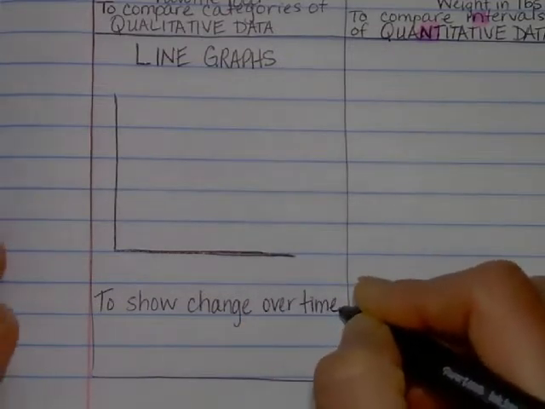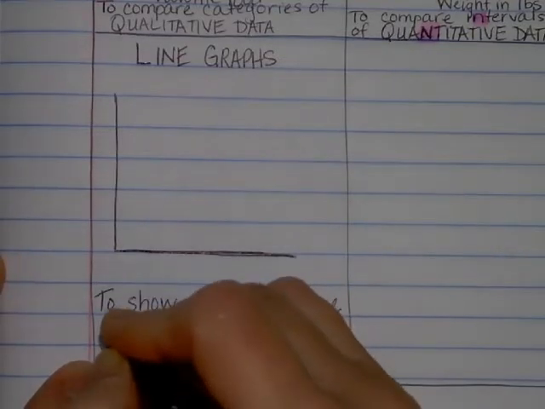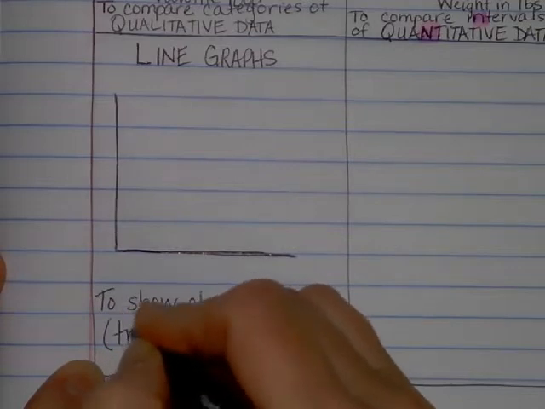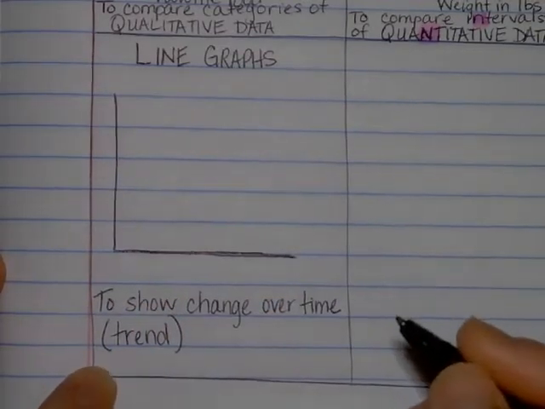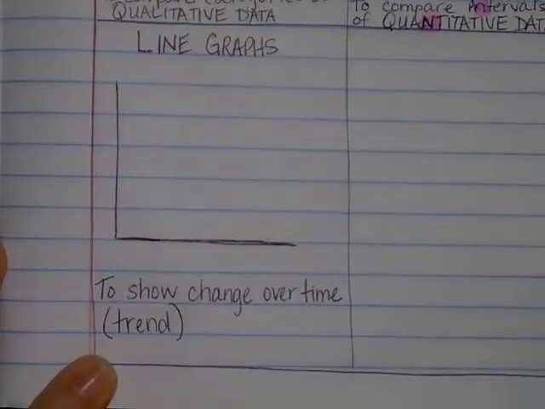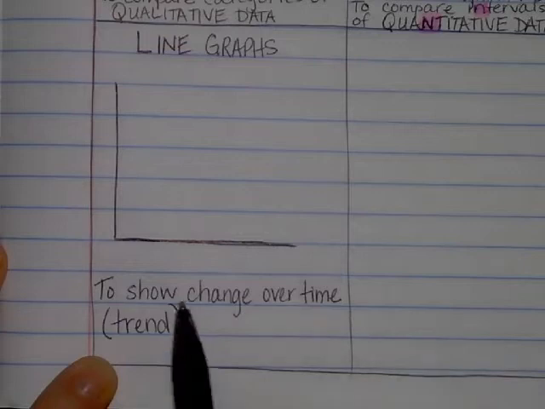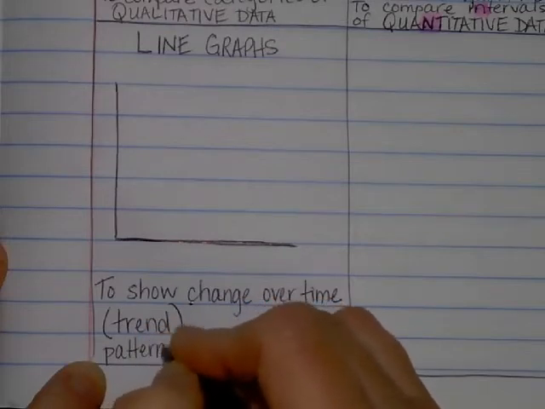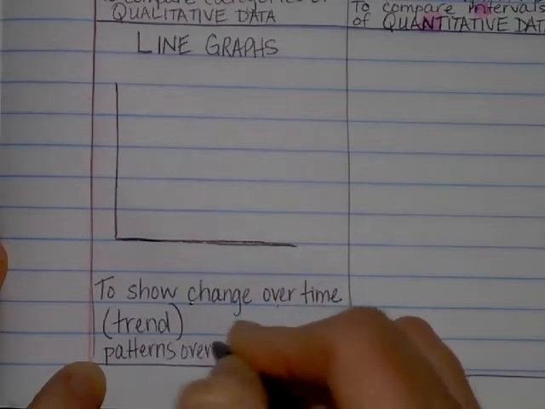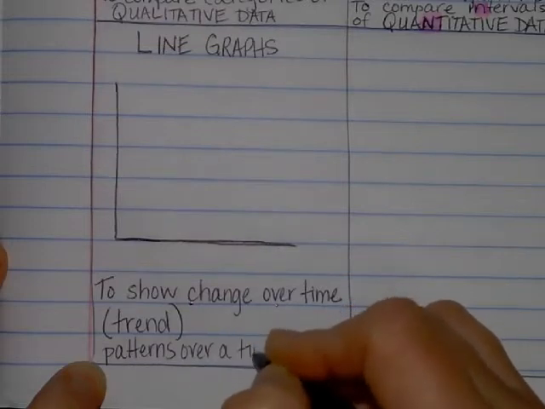Okay? They show how something changes over time, and we can also call this a trend, right? Something that, a pattern that seems to be happening over a period of time. So change over time, trends, or we could say patterns over a time period.